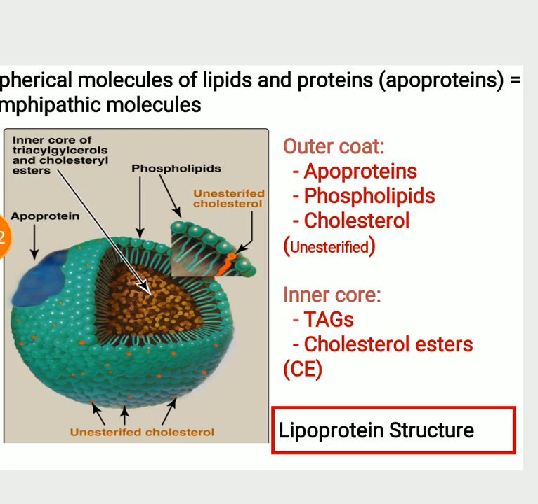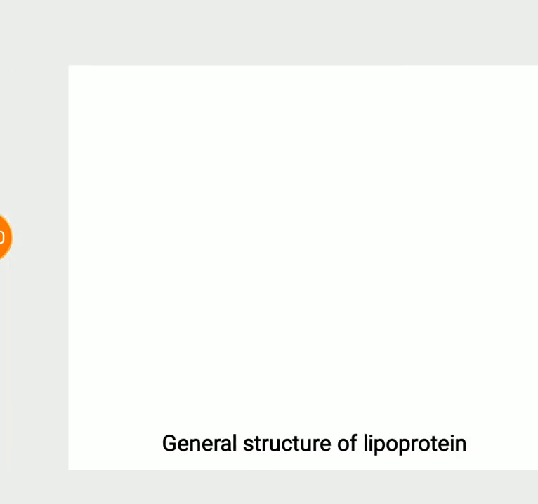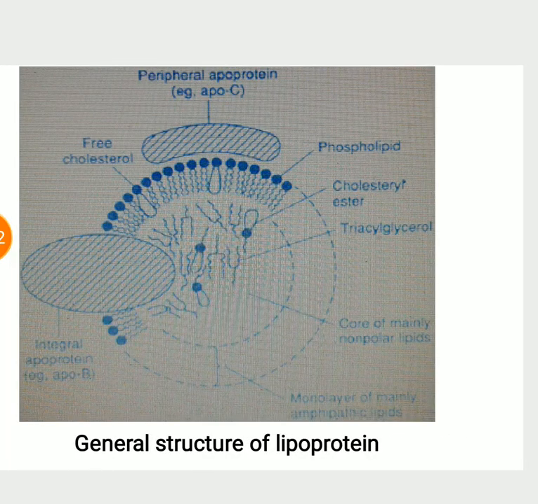So inside we have what is hydrophobic, and outside we have the amphipathic layer with the hydrophilic part facing outside. This is the general structure, what I've explained in brief.